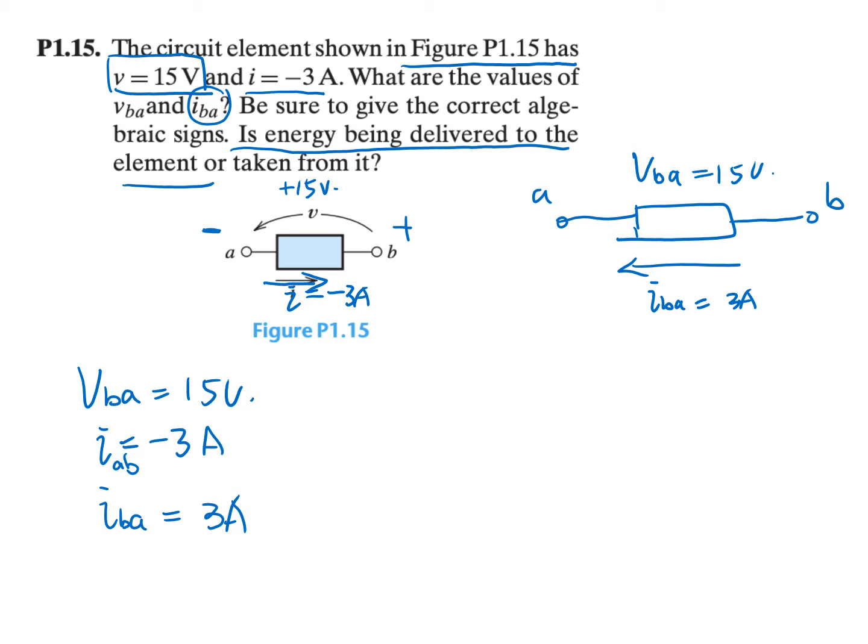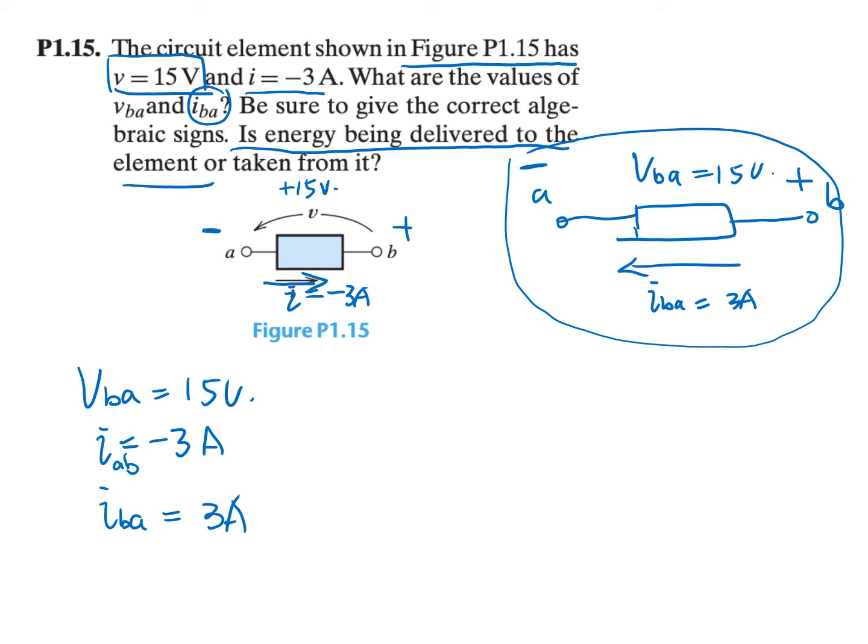And now we are asked to find, is energy being delivered to the element or taken from it? One good way to see whether the energy is being delivered or taken from it is to calculate its power first. So now for this circuit diagram, this is positive, this is negative.